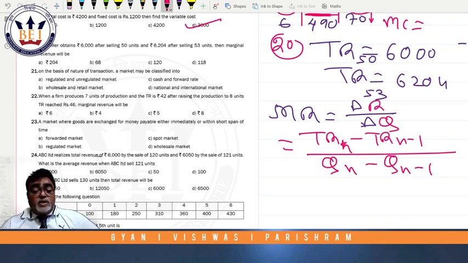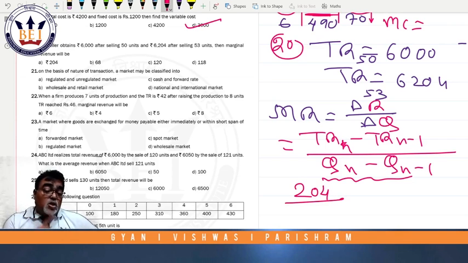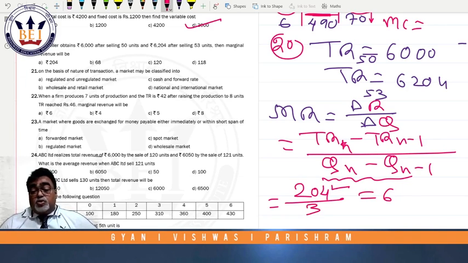Simple way: change in revenue due to one additional unit sold. Here the tricky thing is they have given 50 and 53. So the change in revenue is 204 and the change in quantity sold is 3. So 204 by 3, answer should be 68.